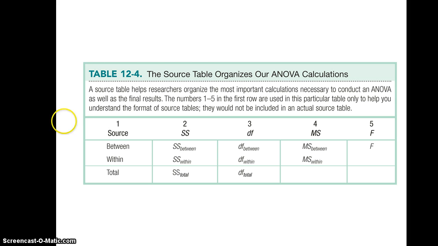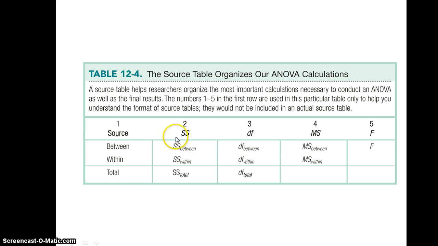So here we have a source table, and what they've done is we filled in here what the different cells would be. So the first row is the between subjects source. The second row is within subject source, and then the final row is the total subject source.